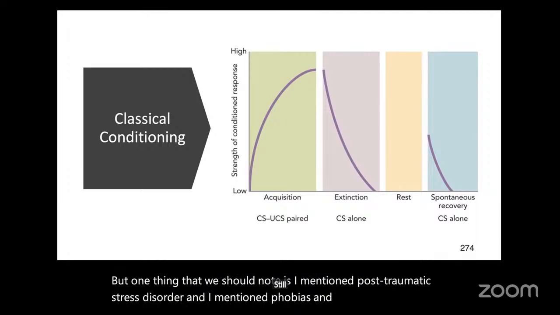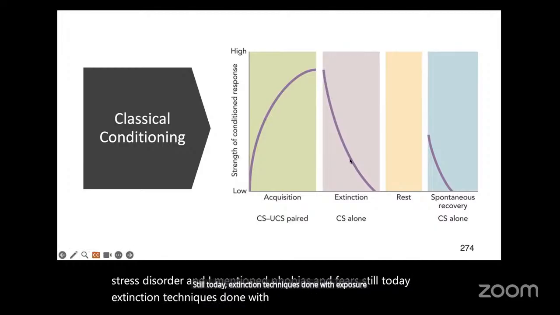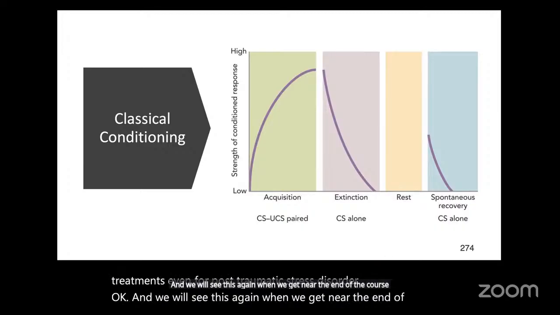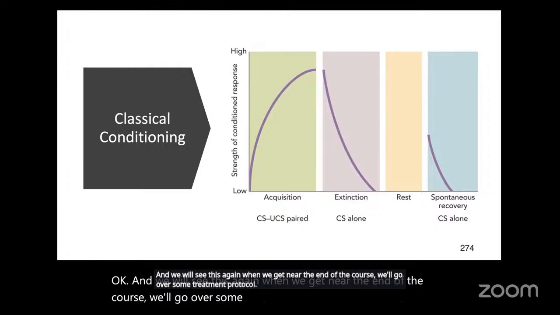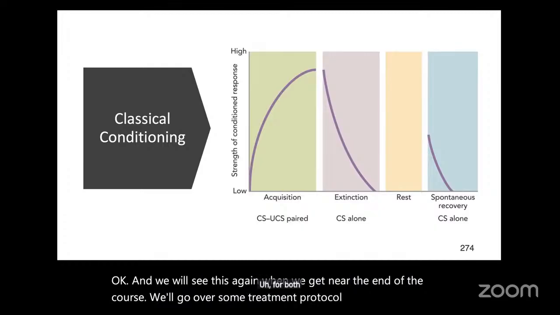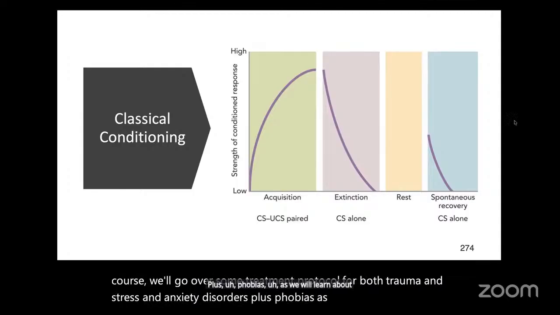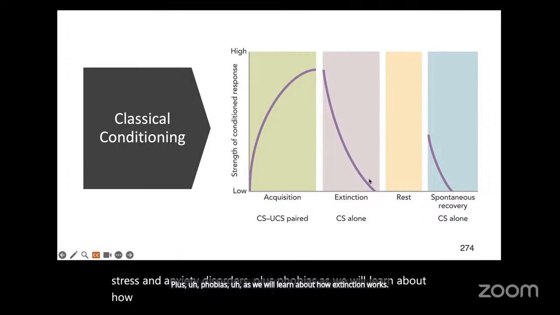Still today, extinction techniques done with exposure are the best treatments, even for post-traumatic stress disorder. And we will see this again near the end of the course. We'll go over some treatment protocols for trauma, stress and anxiety disorders, plus phobias, as we learn about how extinction works and how this occurs.